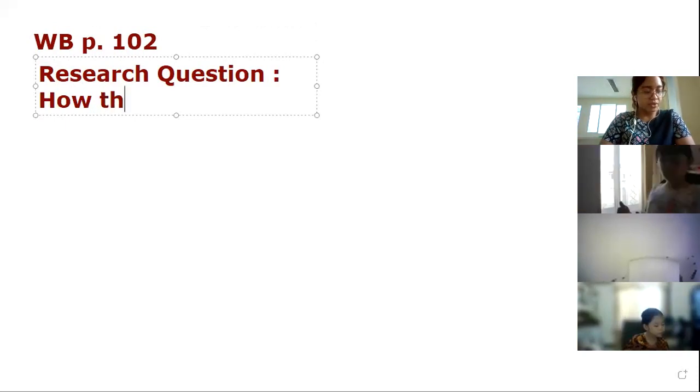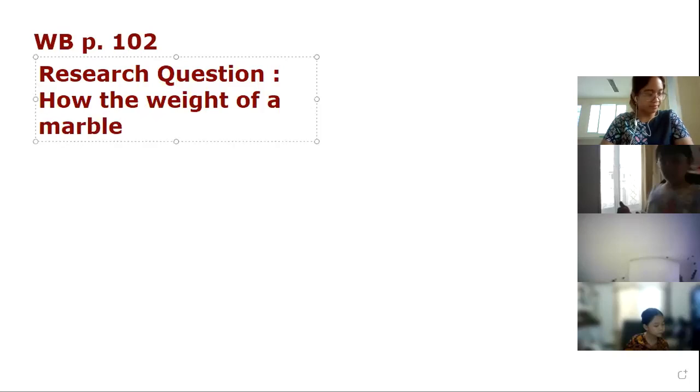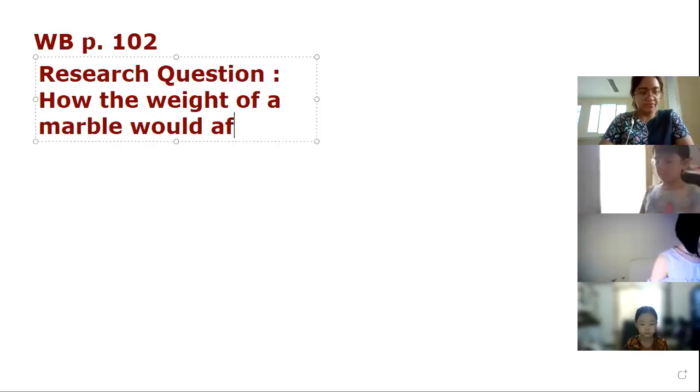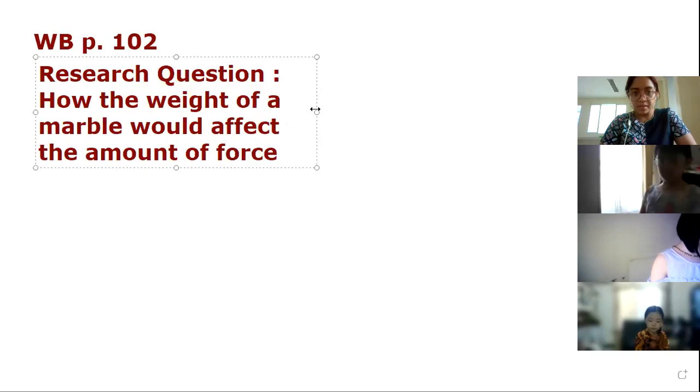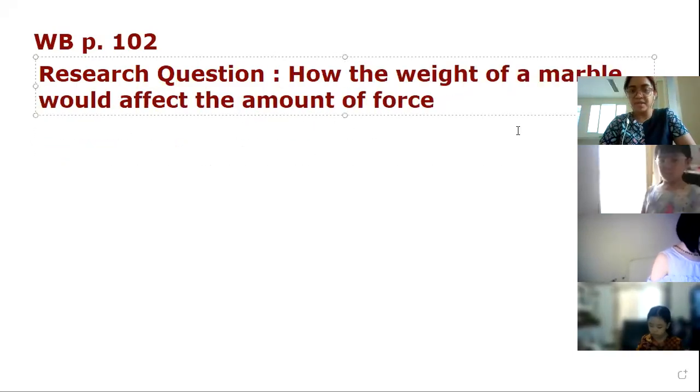So highlight this part on your paragraph. How the weight of a marble would affect the amount of force it exerts on a toy car. You don't need to copy anything, you already have it on your book.